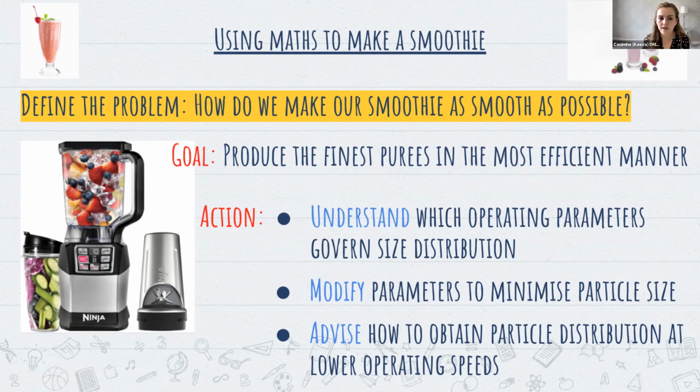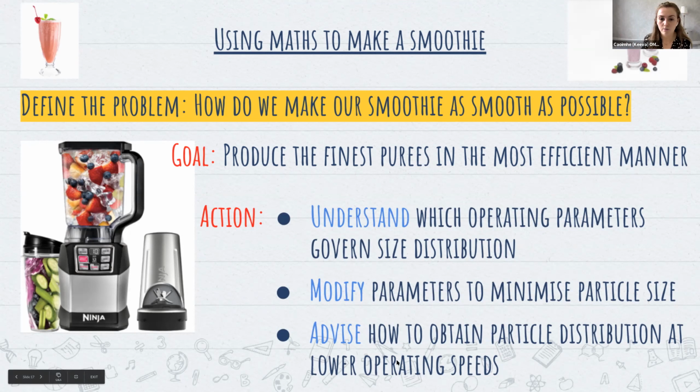There were also different things to think about in terms of how the cup, the blending vessel, was designed. If it had ridges down the side, those ridges would help trap bigger particles and push them down into the blade. But that was the first step, trying to understand all these different things.